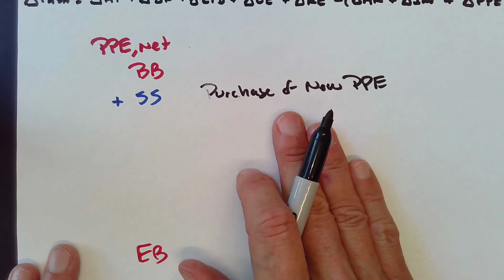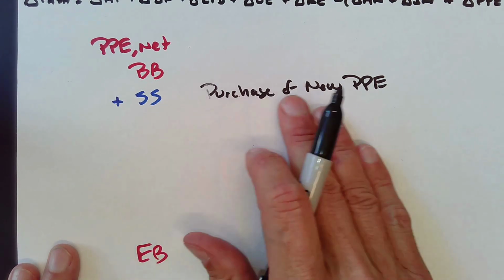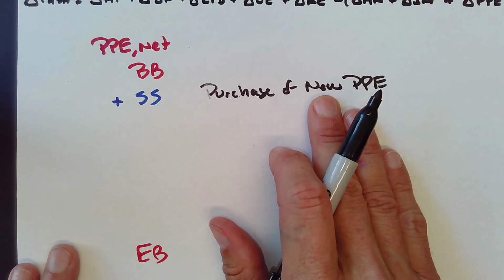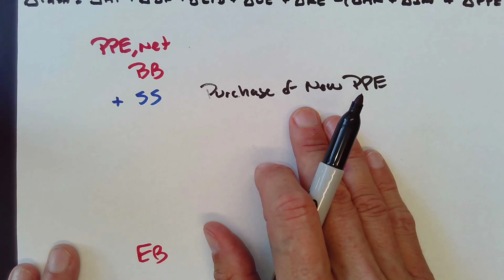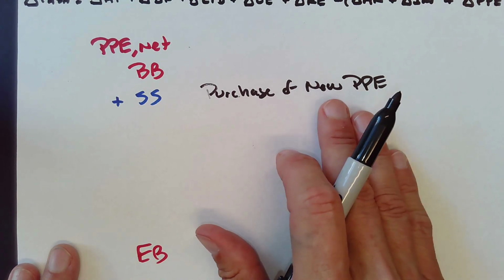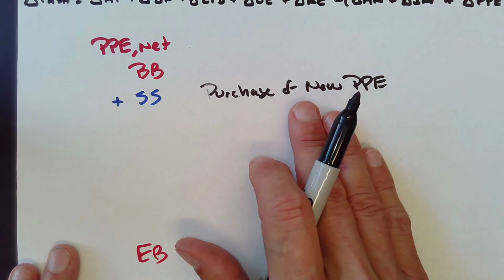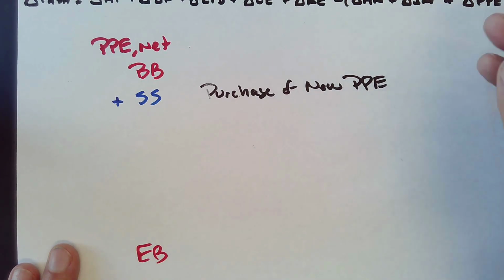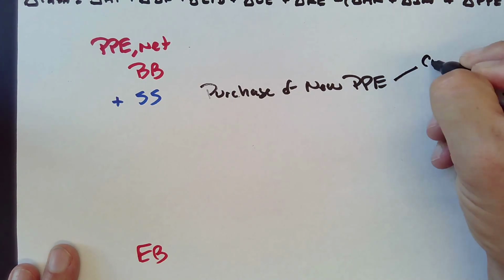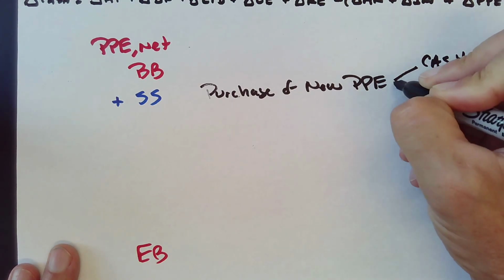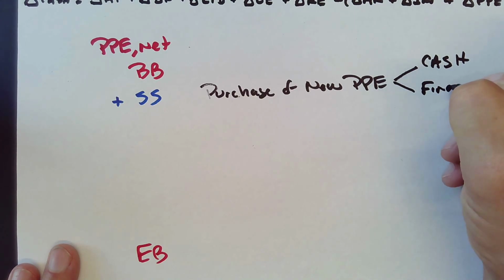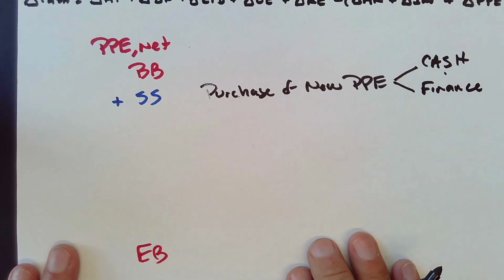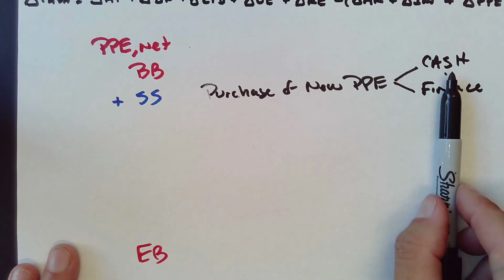What's the effect on cash flows when we purchase new PP&E? It depends. Do we pay cash or did we finance it? If we paid cash, well, that's cash going down.